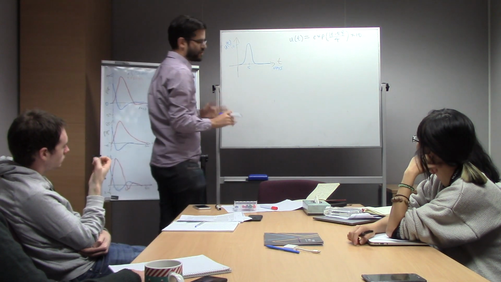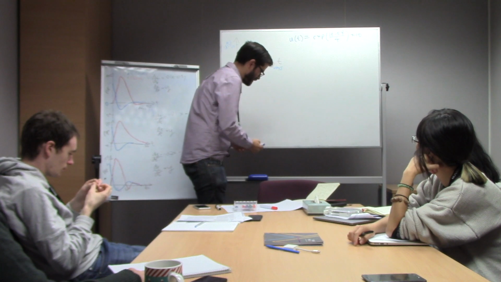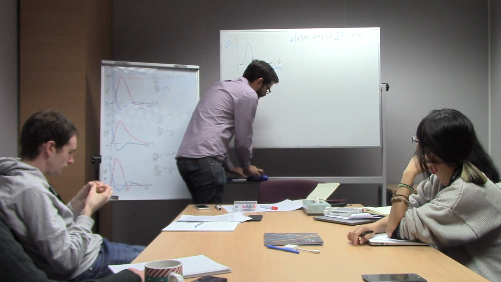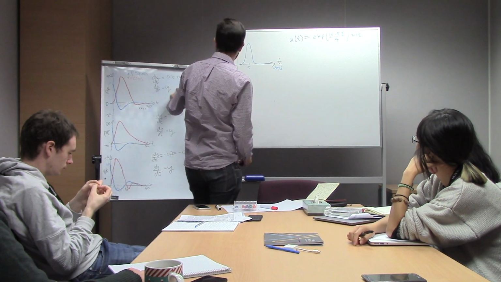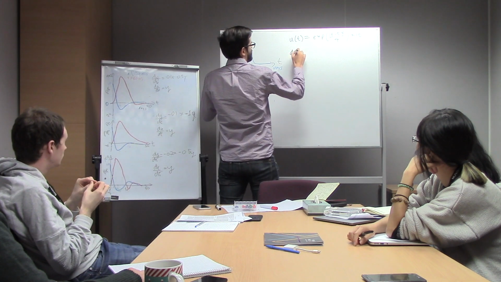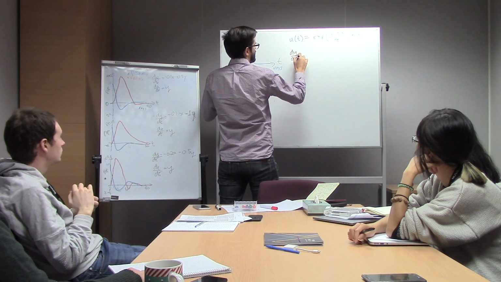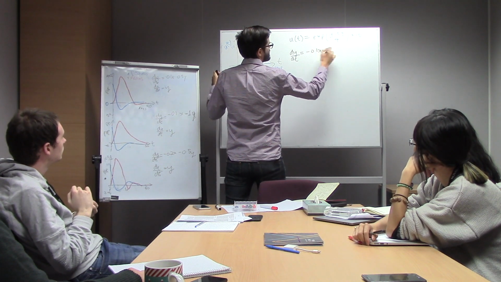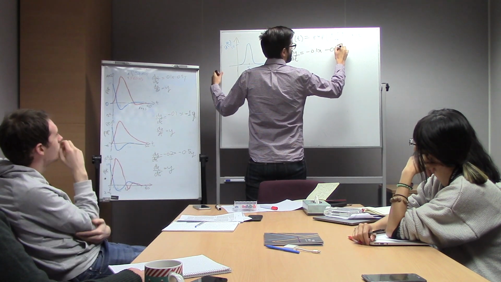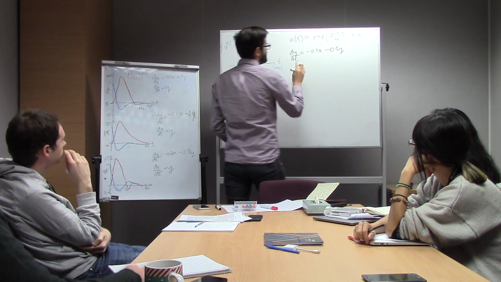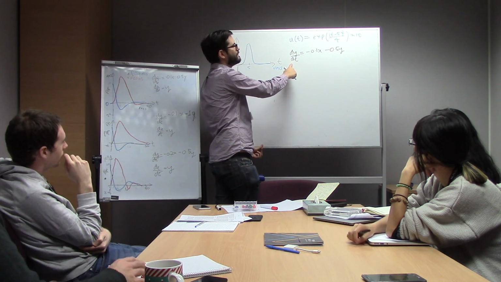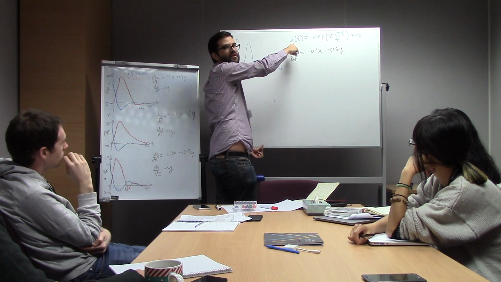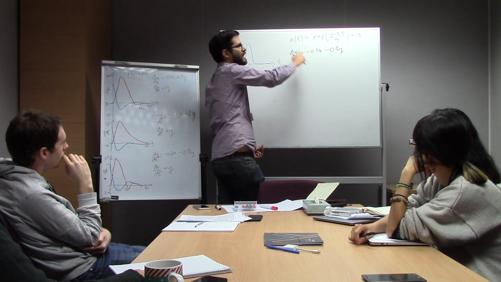Okay, now how do we put this all in? We first have the equations. So let's go back to this equation here. We have dy/dt equals minus 0.1x minus 0.5y. We're going to do this rates of change. So should there be a plus or a minus in front of the U(t) I'm going to add to the system?